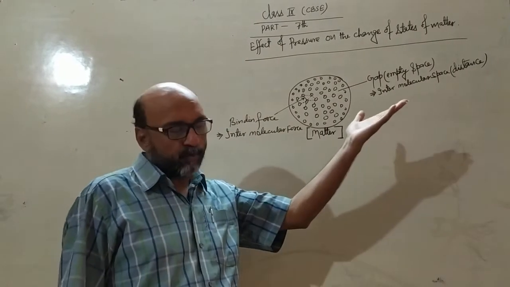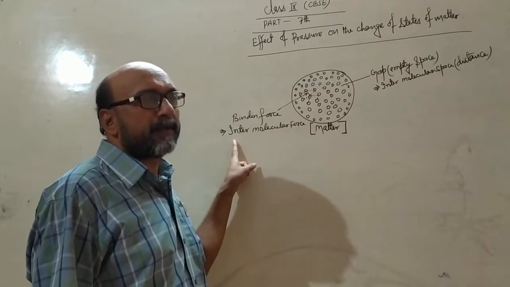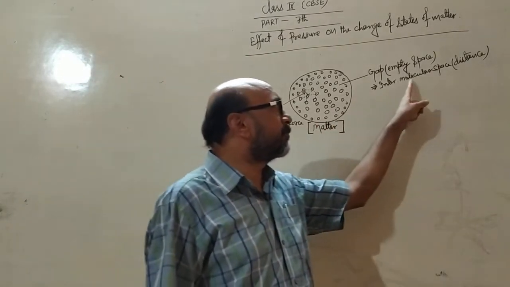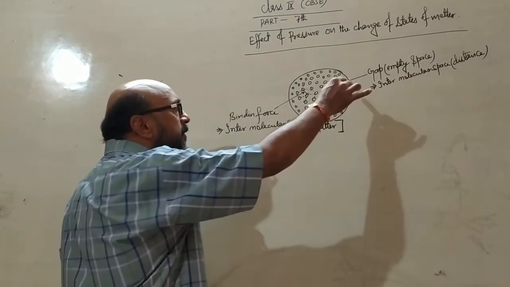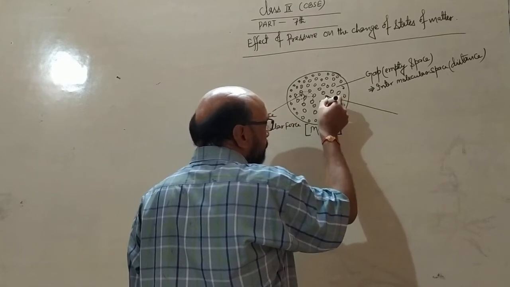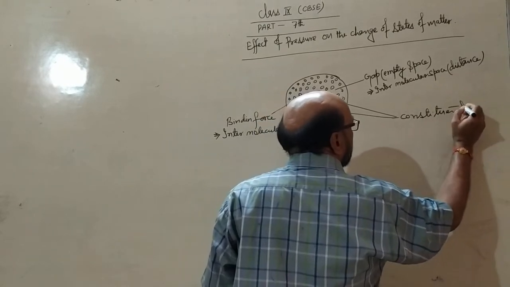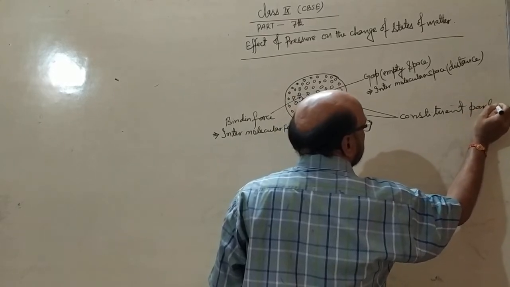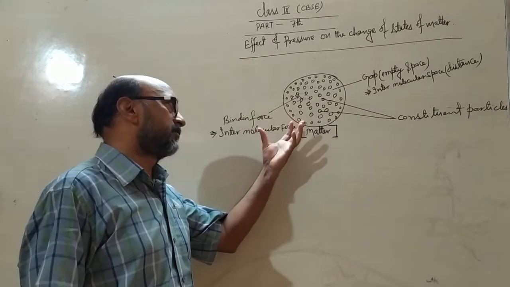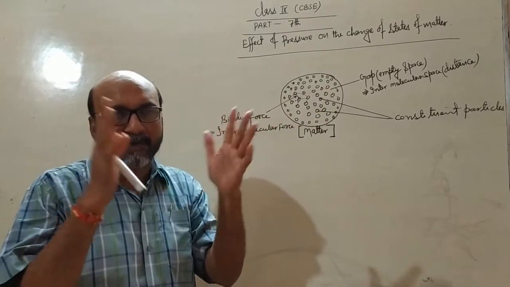In the previous video, I have also described the two properties and characteristics of matter: the intermolecular force and the intermolecular space or distance. Suppose this is a matter and these are the constituent particles. In a substance, in a matter, there is a gap, empty space between the constituent particles.